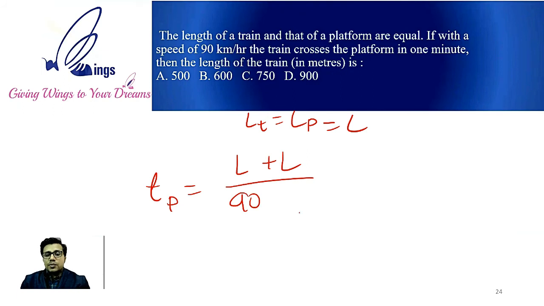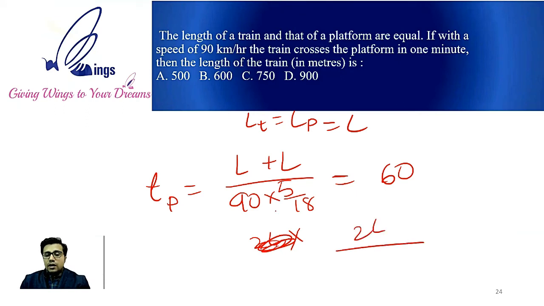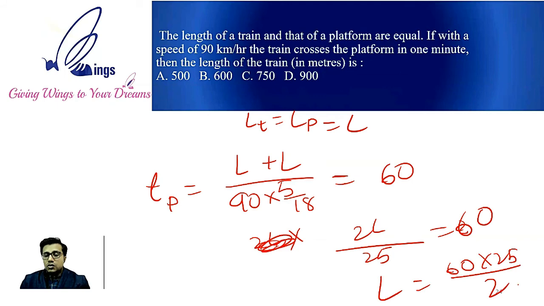But this is in kilometer per hour. Convert that into meter per second. And time is already given, 1 minute, which means 60 seconds. So we get 2L divided by 90 into 5 by 18, which is 25 meter per second, is equal to 60. So 2L is equal to 60 into 25, which will be 1500, so L is 750 meters.